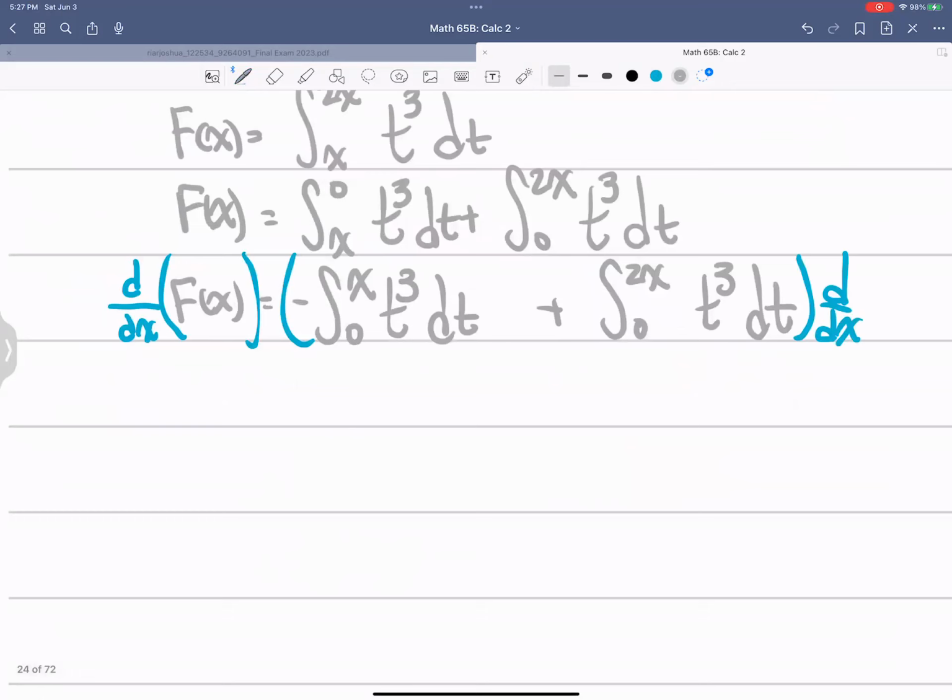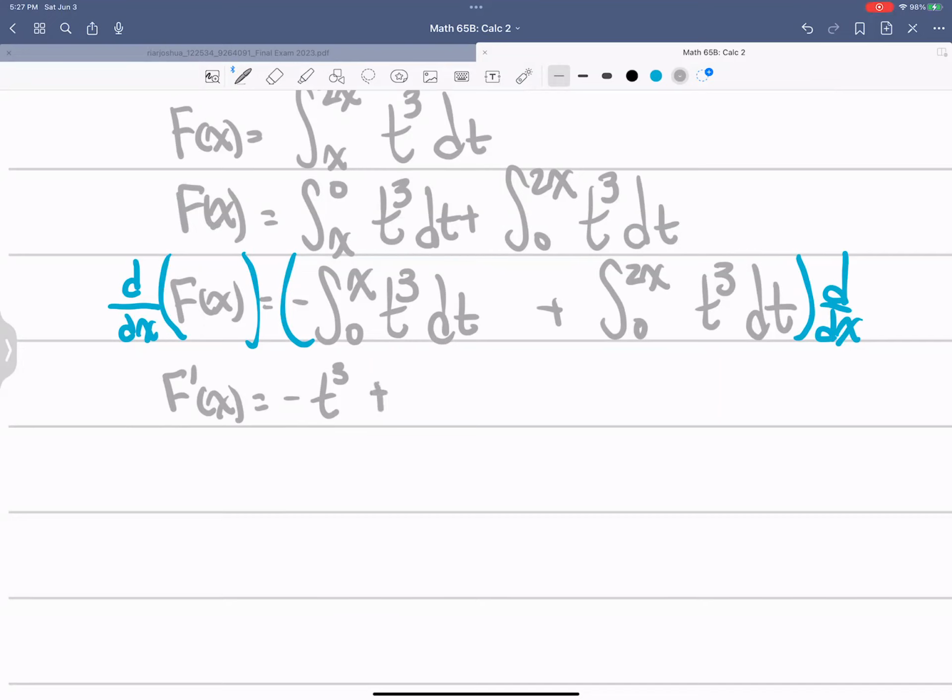So the derivative with respect to x of f of x, we could just state as f prime of x. It's still the derivative, just a different notation. Here we're integrating into x. So we have negative t cubed there.